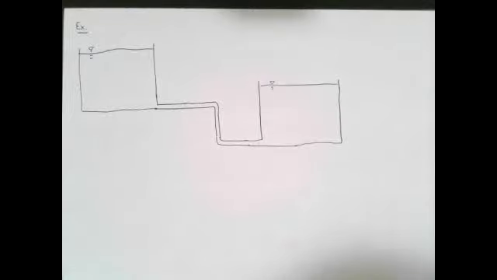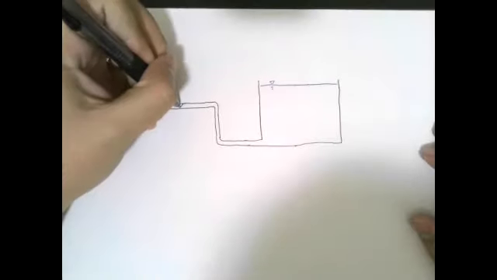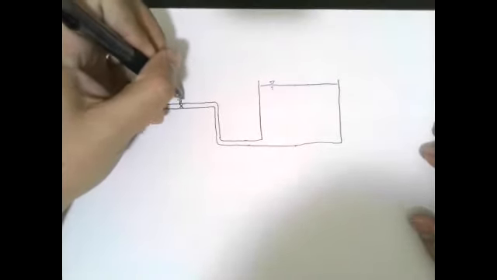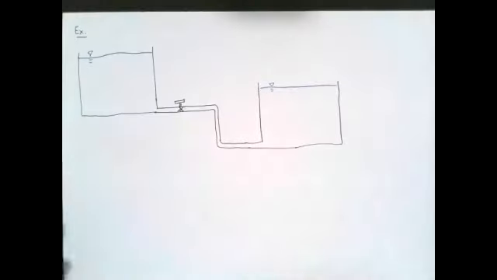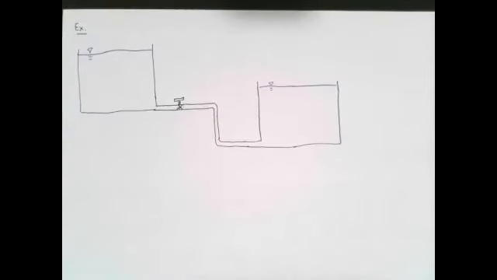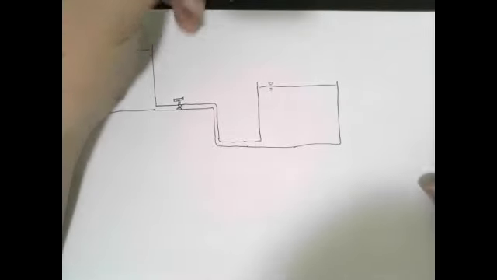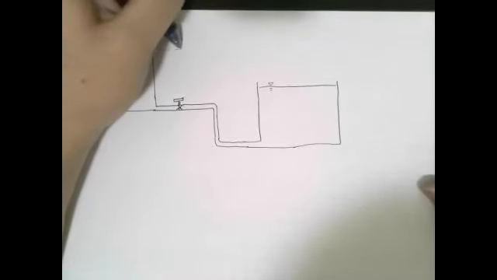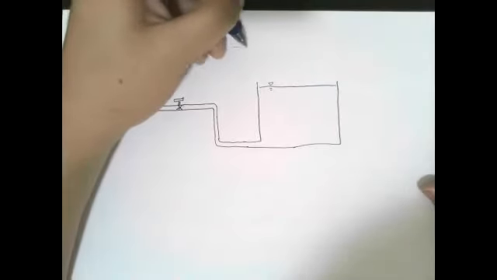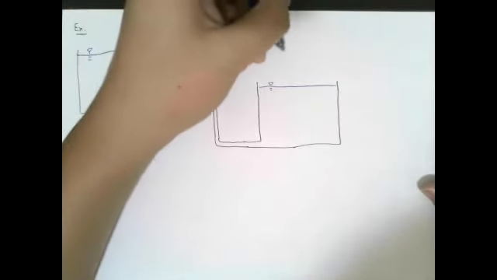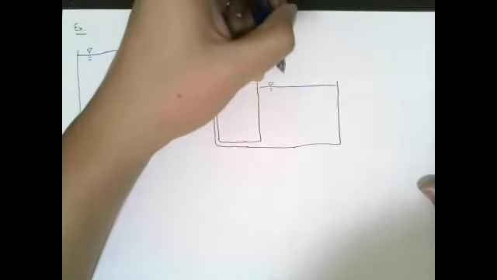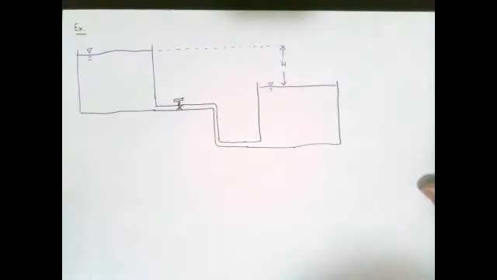So I'm just going to tell you that we have two reservoirs connected through this pipe system, and we have a check valve right here. My question to you is, if the problem to solve is that you need to ensure that the difference in levels between these two reservoirs is at a certain number, in other words, you want to determine this difference in water surface elevation H, how do you think you can approach this problem?